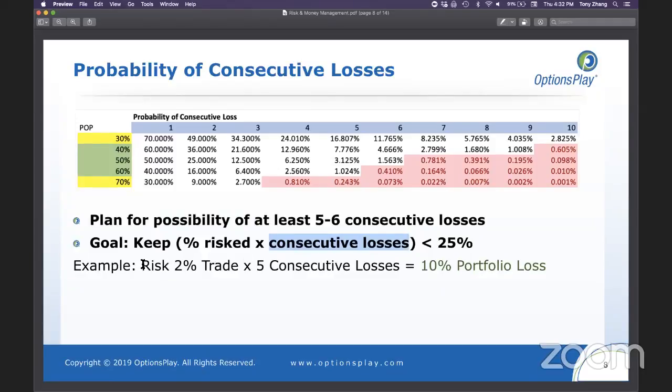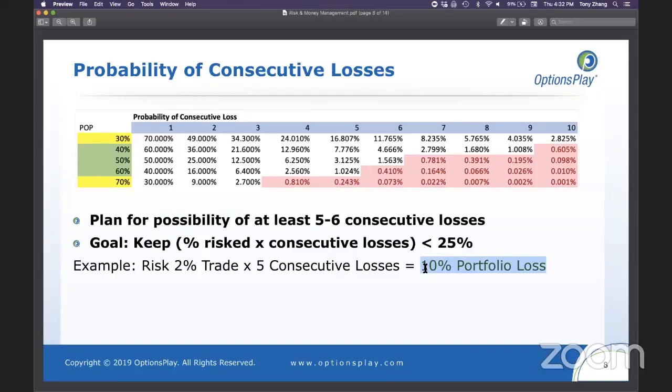So for example, if you're risking 2% of your account per trade and you have 5 consecutive losses in a row, that will equate to a 10% portfolio loss, which is well within the range of what we're saying is below 25%. So that's why we generally want to look at this 1 to 2% range, because you want to plan for at least, in my opinion, 5 to 6 consecutive losses. In a bad month like we had in December, you may have seen 8 or 9 consecutive losses.